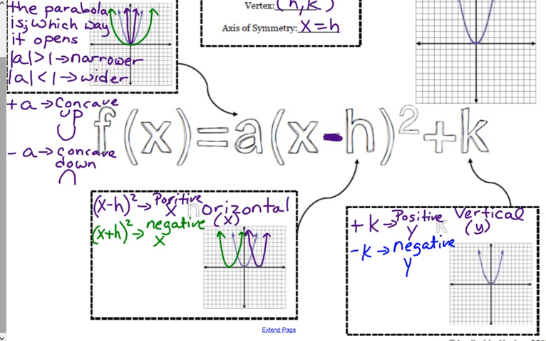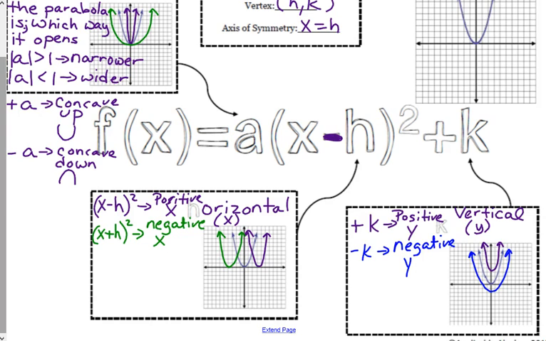So for negative, that would mean we shifted it down. And mine are not perfect, but we're just doing this as an example. And for positive, we shifted it up. So that's what we need to know. This is a basic cheat sheet of what you need to know about vertex form.